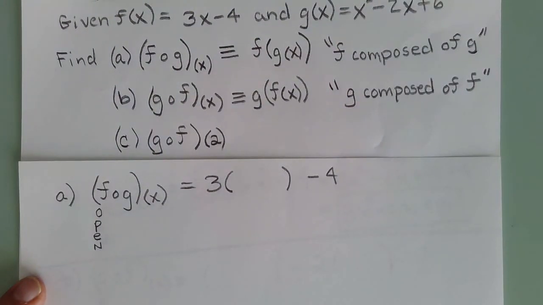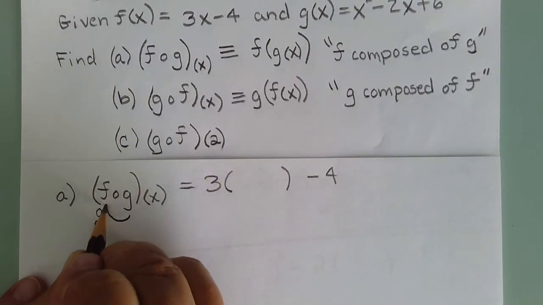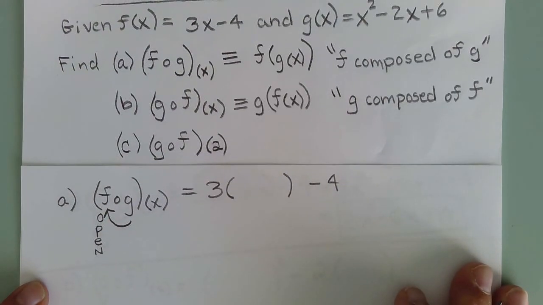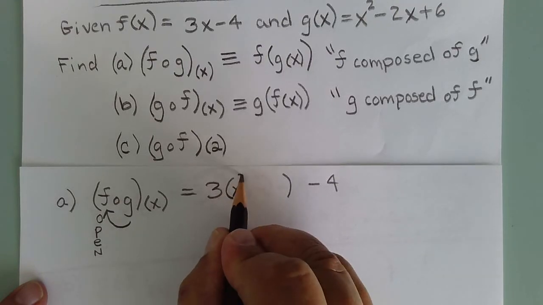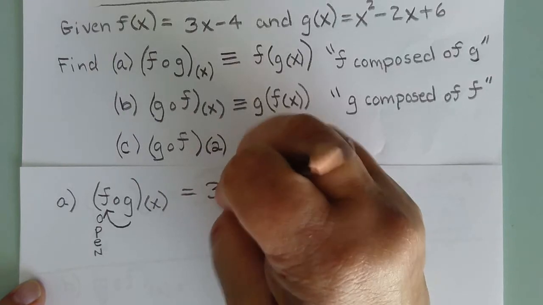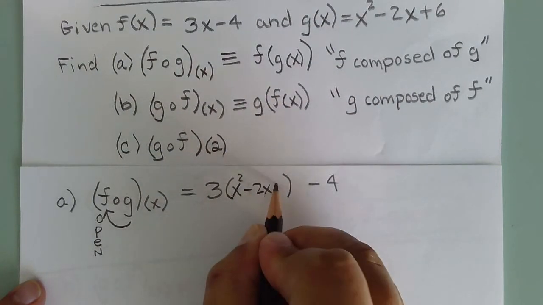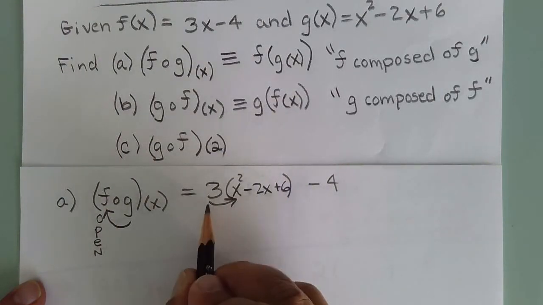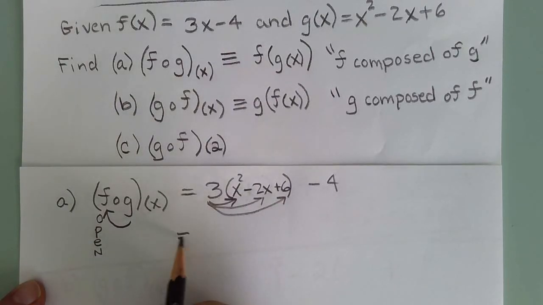In this way, you prepare a spot where you can substitute. You're going to be substituting the g function into the f function. The g function, as you can see up above, is x squared minus 2x plus 6. So you're going to put that g function, copied exactly, into that open spot. Then you're going to distribute that 3 to every single term in the parenthesis, as you always have.